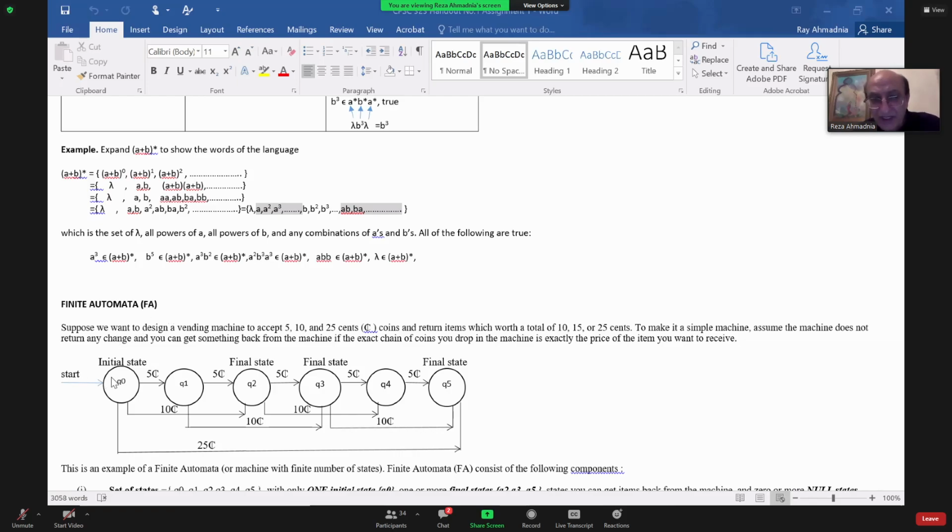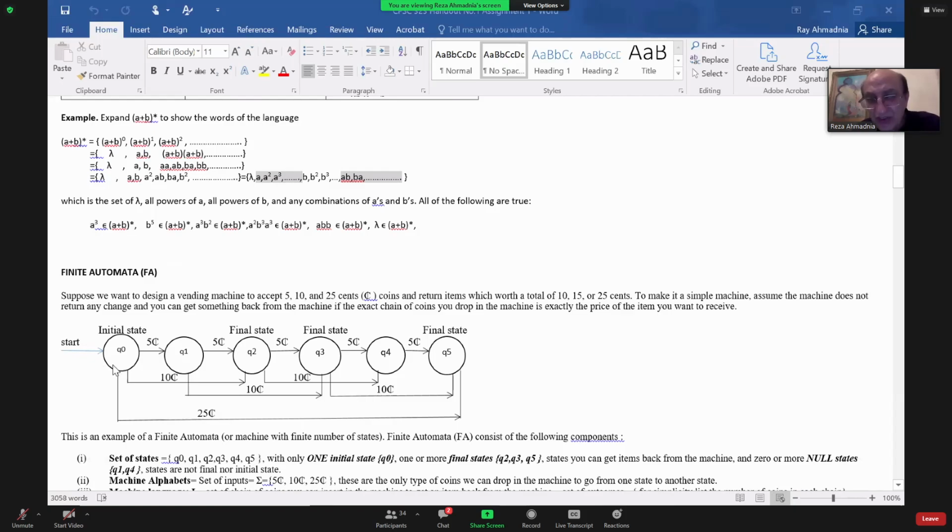Okay, what are the states? There is the initial state, the final states, and the states where you don't get anything back from the machine, which are called null states. N-U-L-L, null states here means they are states, but they don't give anything back. So there are 3 types of states in any finite automata.